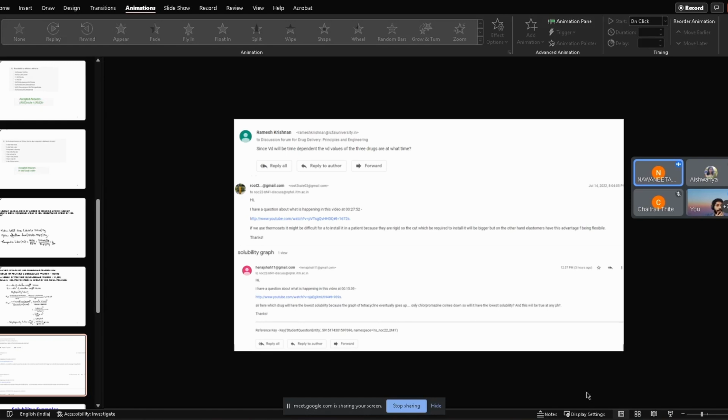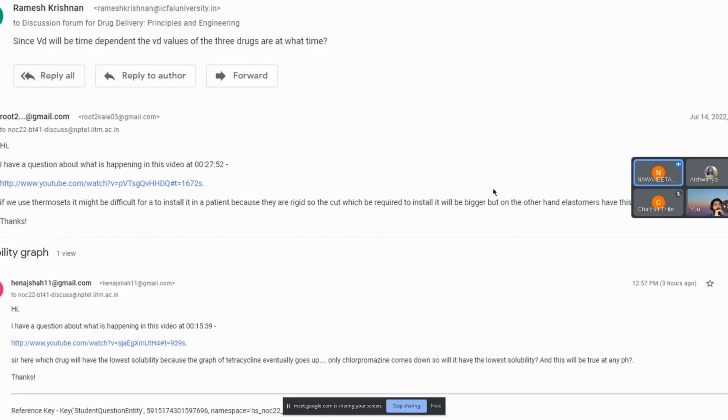With regards to the same question, is there any application for elastomers in the medical field as such? Yeah, there are. Elastomers are commonly used for drug delivery.